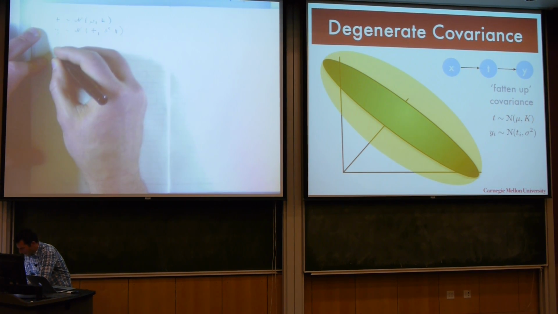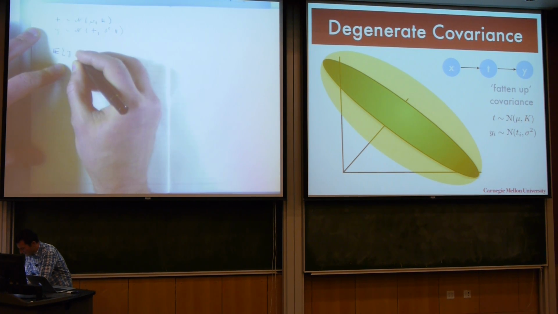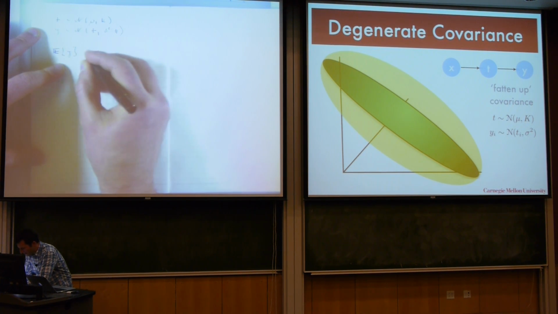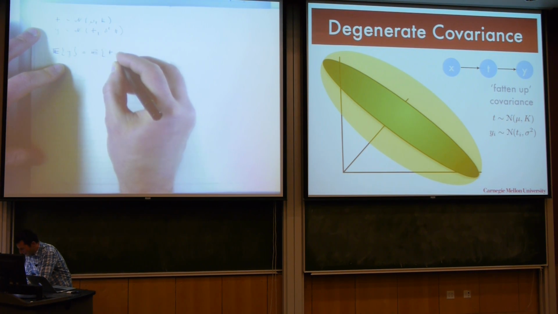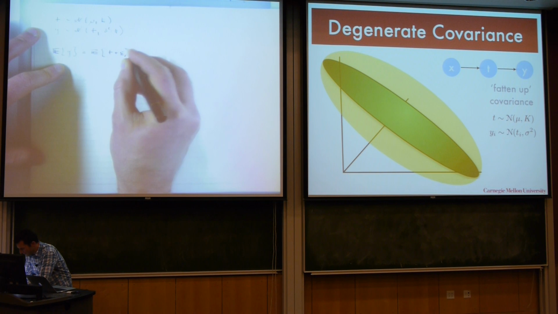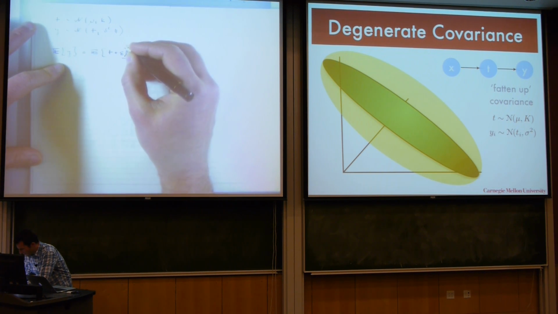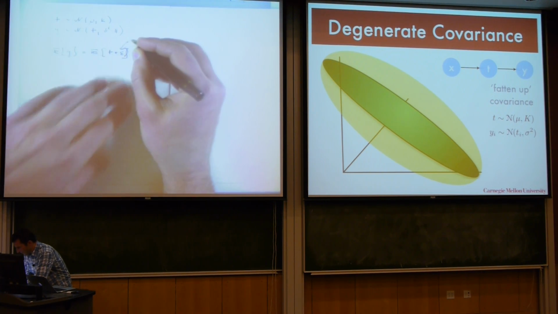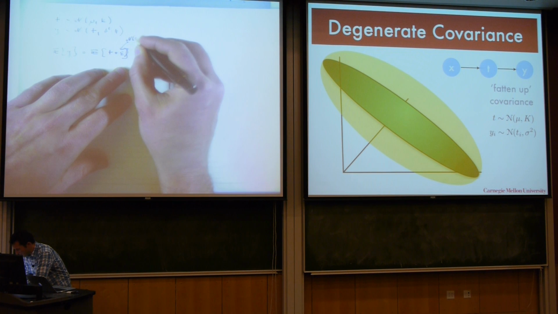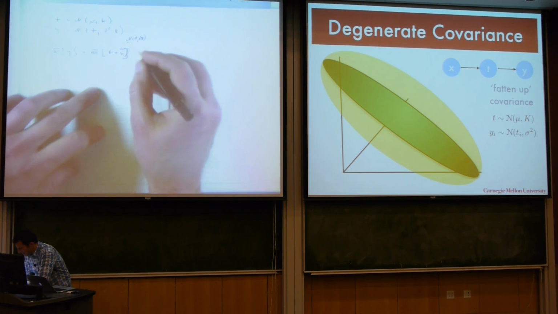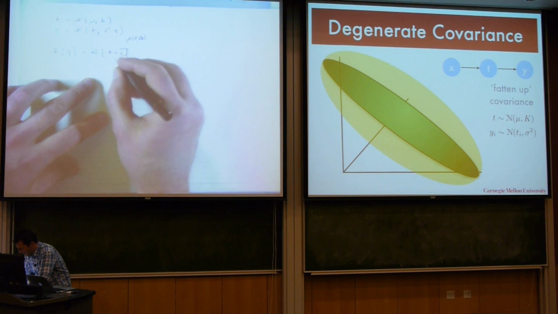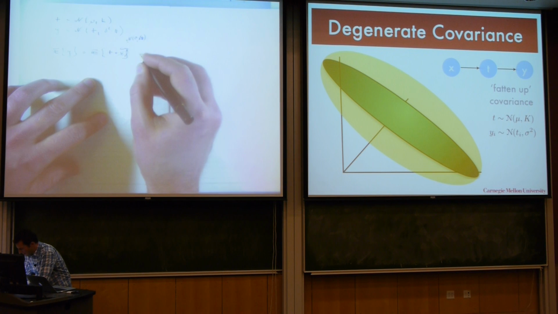Let's compute the expected value. The expected value of y is the expected value of t plus epsilon, where this epsilon is drawn from a normal distribution with zero mean and variance sigma squared. So this goes out, since it has zero mean. So this is basically mu.